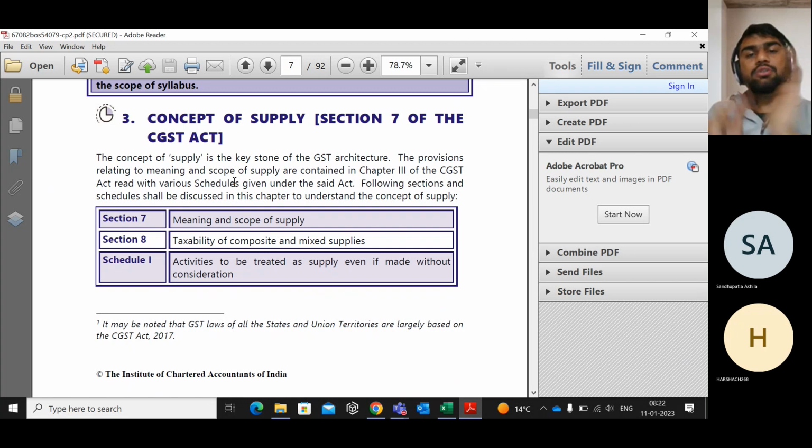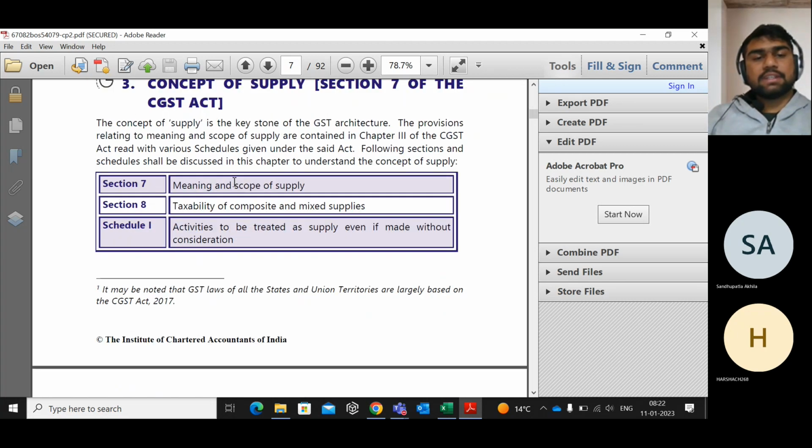That is the CGST Act 2017, SGST Act 2017, UTGST Act 2017, IGST Act 2017, but the 101st Amendment Act 2016. You need to remember this, the 101st Amendment Act 2016, for the MCQ purpose. Now the concept of supply I explained to you: means, includes, excludes. Section 7 deals with the meaning of supply.